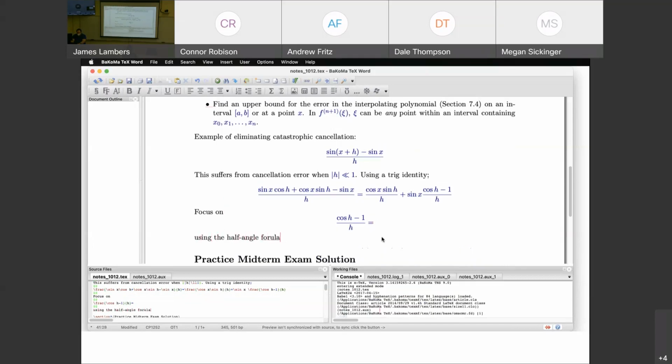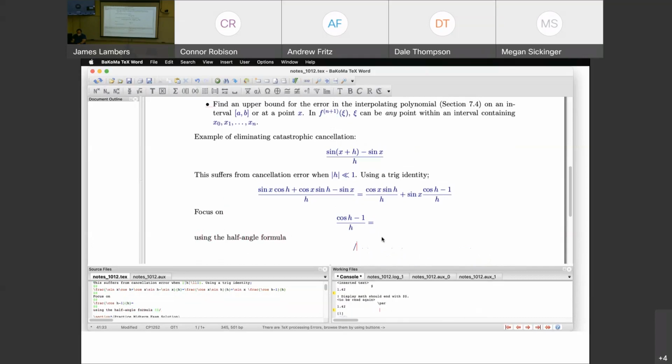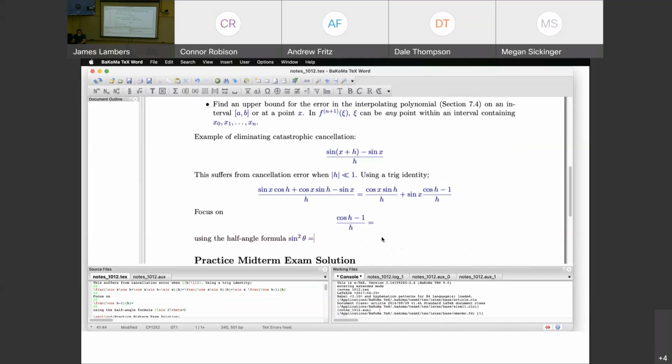And that is, I'm going to do it like this so I get it right: sine squared theta is equal to 1 minus cosine 2 theta, all over 2. So here is a situation where h is equal to 2 theta.